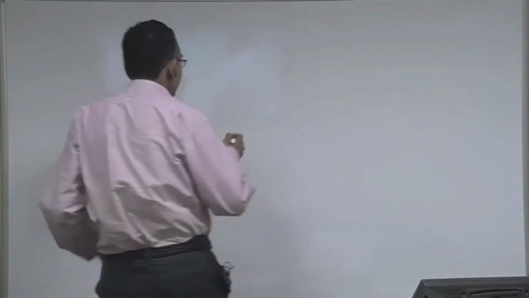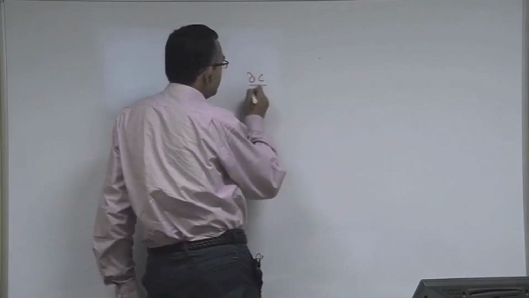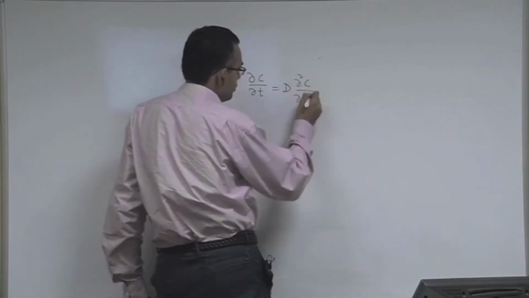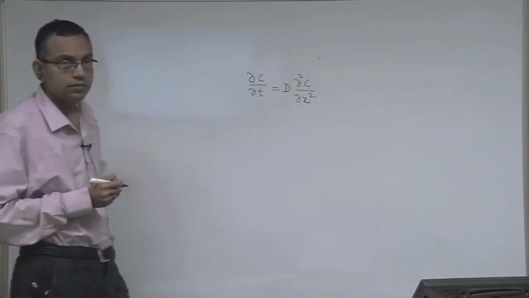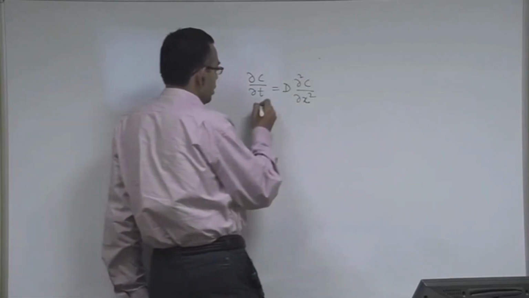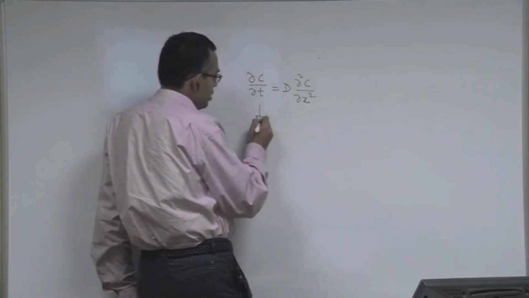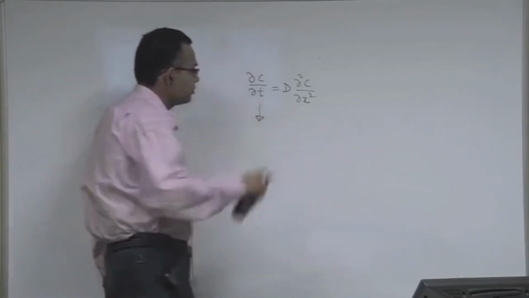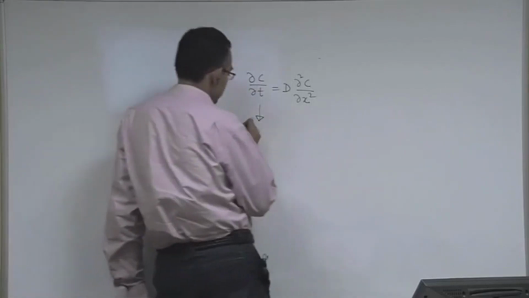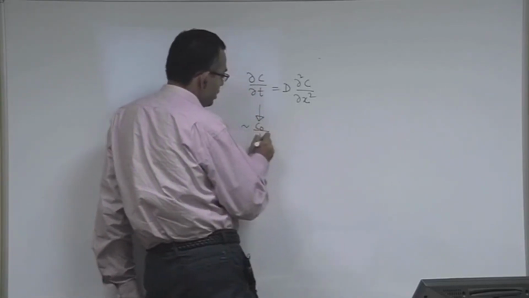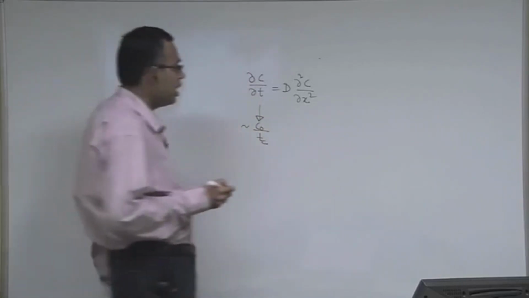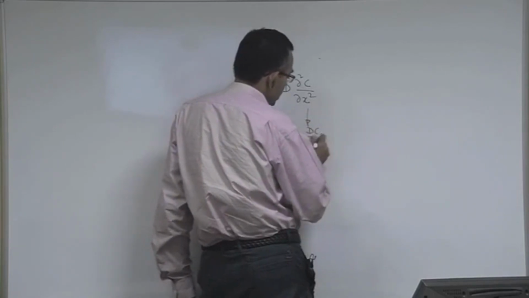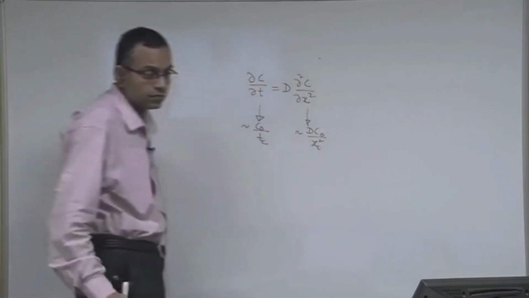So we come to the board, del c by del t is of the order of C0 by Tc, and this is of the order of D C0 by xc square, or Lc square, whatever.